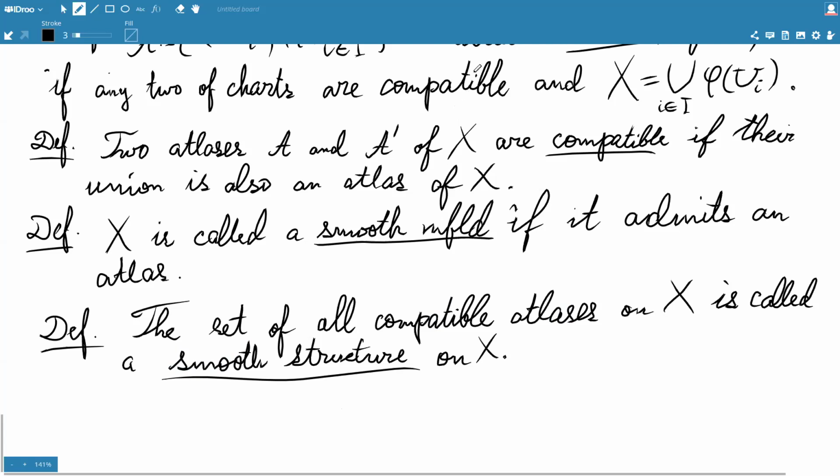That means that there are certain collections of compatible atlases, say one collection of compatible atlases and another collection, such that no atlas from the first collection is compatible with some atlas from the second collection. That means that we have two distinct smooth structures.